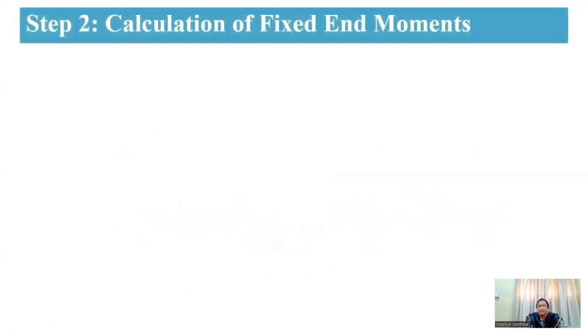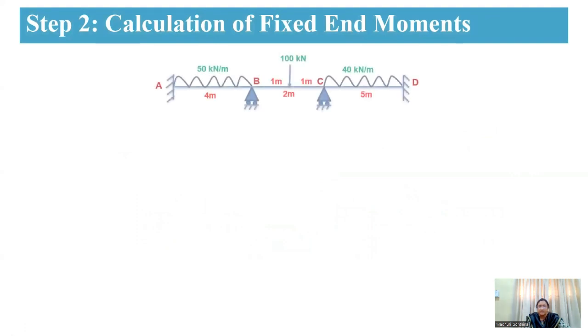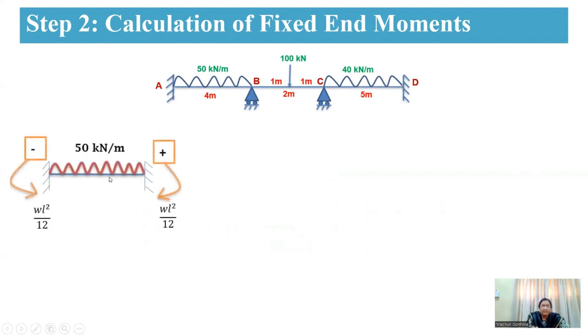Now coming to your next step. Here you are going to calculate the fixed end moments for this beam. First you consider the span AB. Here the loading is 50 kilonewton per meter UDL and the span is 4 meters.